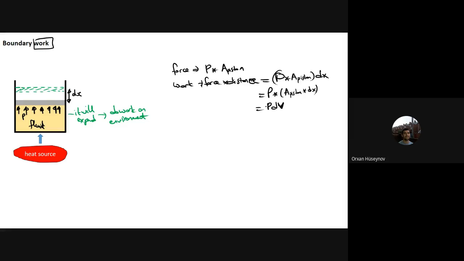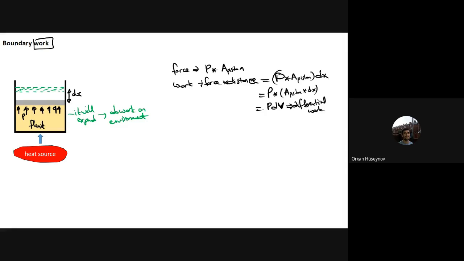And this PdV is not the integral form, it is differential work. The differential work means that you have a change of boundaries, but the boundary changes slightly.